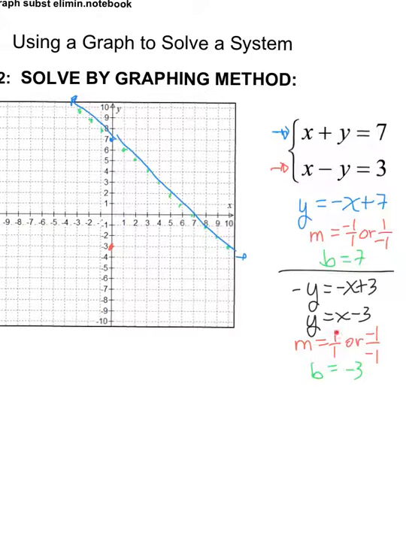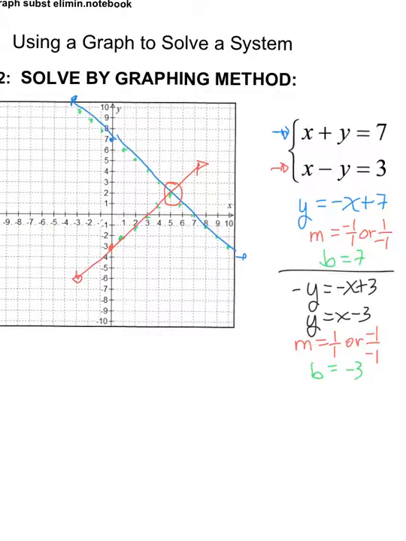So I'm only going to use this slope, up 1 to the right 1. So here I go. I just found their intersection, which is right there. I'm going to stop there and connect, because I don't really need to go any further since my whole goal is to find the intersection.